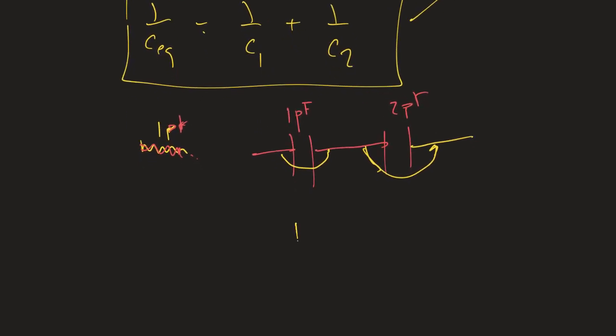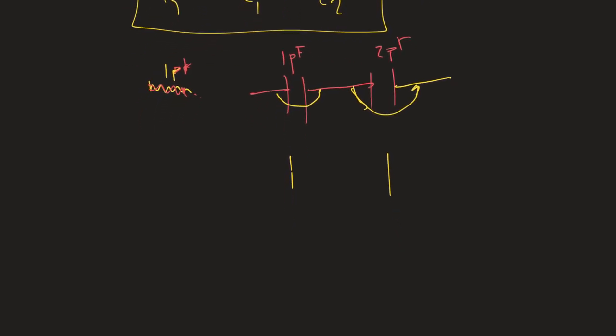So the equivalent capacitor, C equivalent, will be the capacitor that has the charge plus Q here, minus Q here, the same charge that this one has, plus minus Q1, and the difference in potential will be delta V1 plus delta V2.